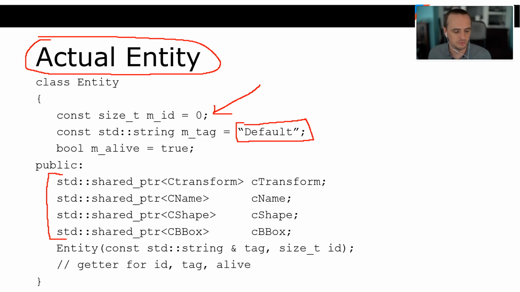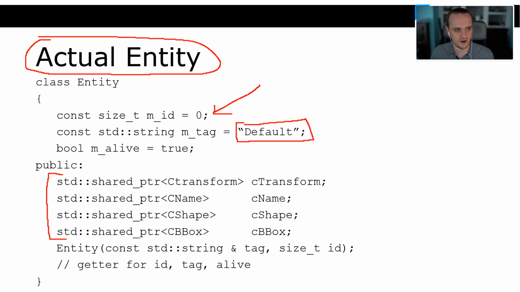The third one, and probably the most important one, is whether or not the entity is currently alive. So when we create an entity, it will be alive, or this maybe should be something like active. What we're going to use that for, as we'll see later, is the destruction of entities.